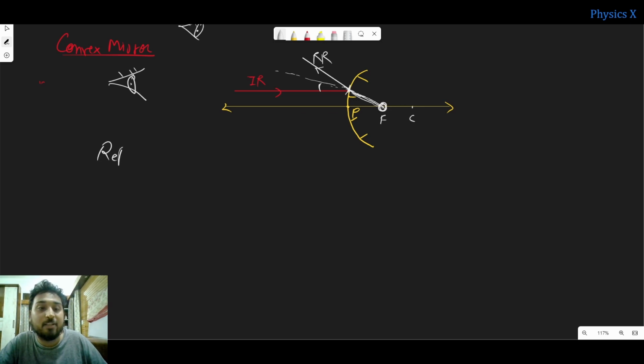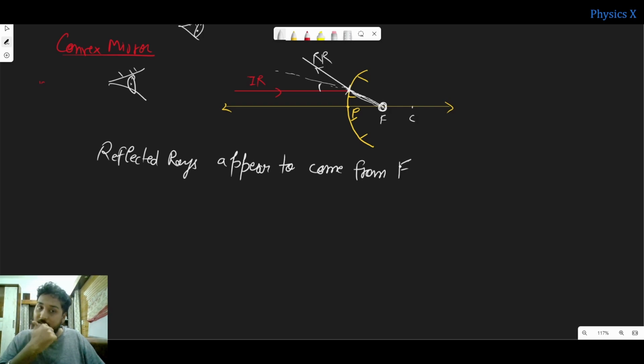So the reflected rays appear to come from F. So when the incident rays in a convex mirror are parallel to the principal axis, and the reflected rays appear to come from a point on the principal axis, that point is known as the focus point.